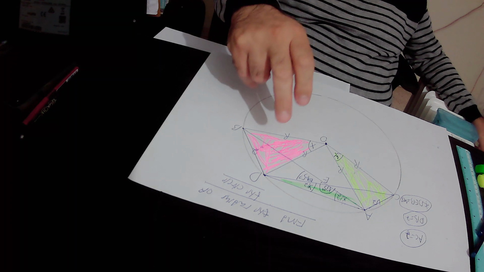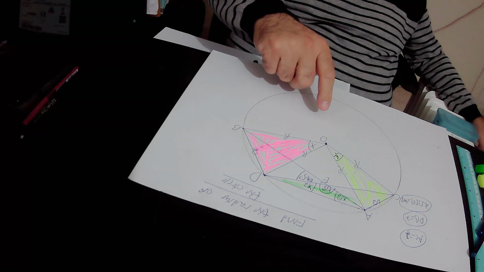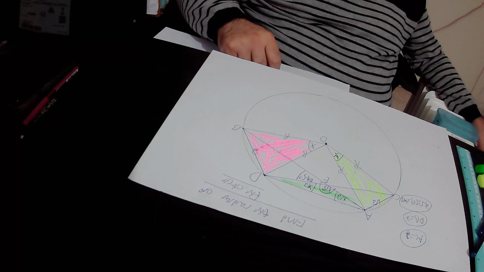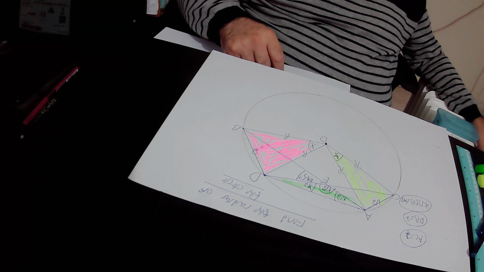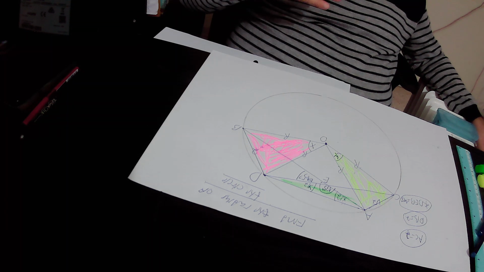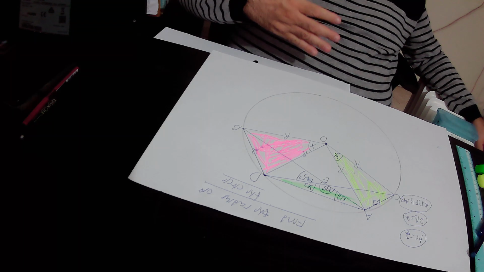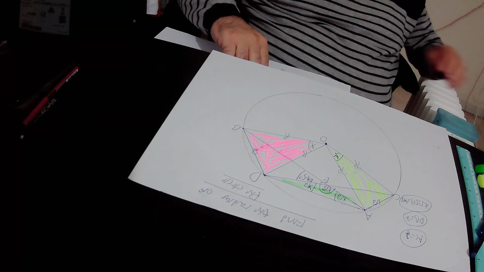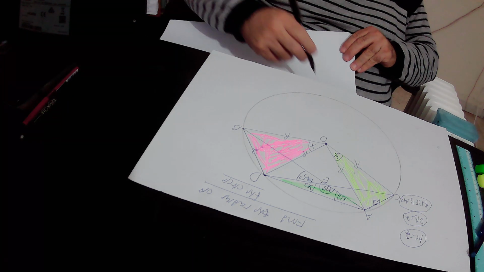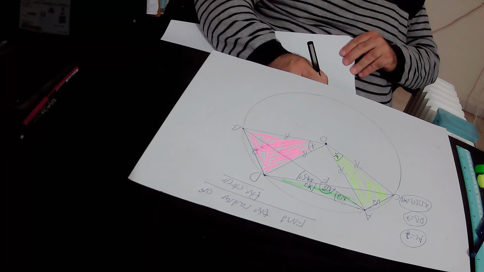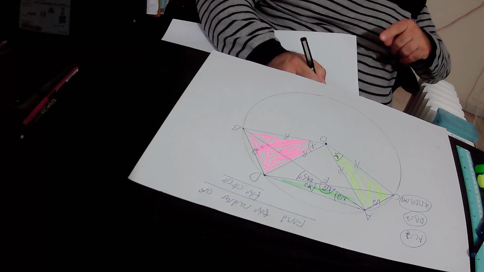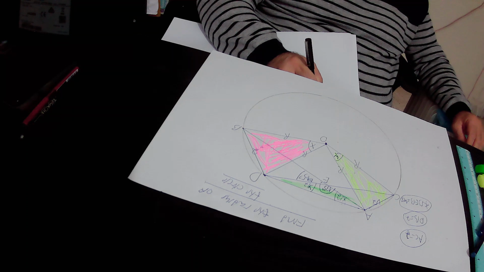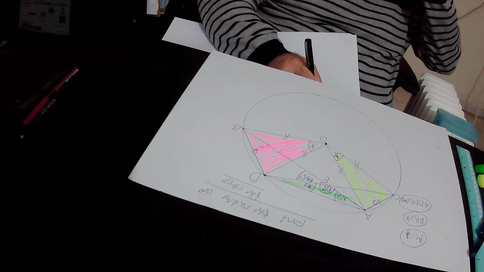And because DB doesn't pass through the center of the circle, it is not the diameter of the circle. We also know that the diameter of any circle is the longest chord in the circle. Therefore, the diameter 2r is greater than DB, which is not the diameter of the circle.